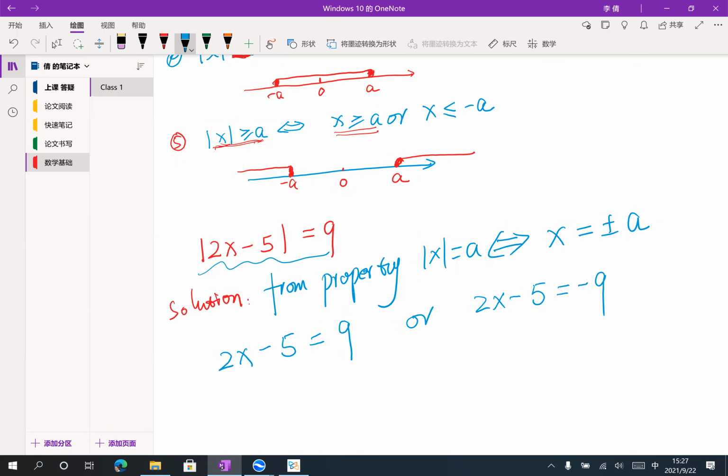From this equation we get these two equations, right?